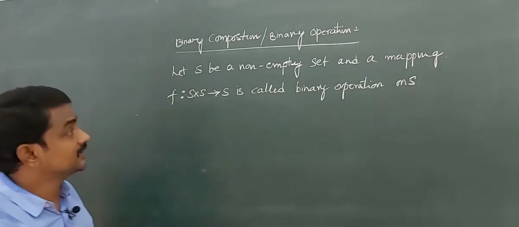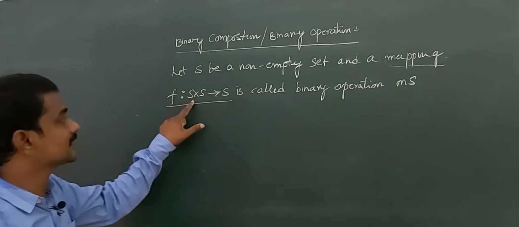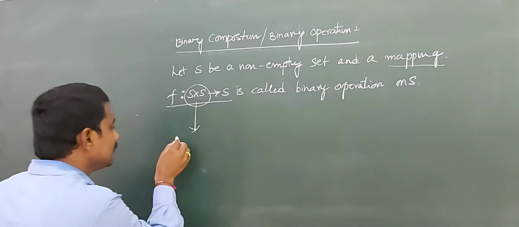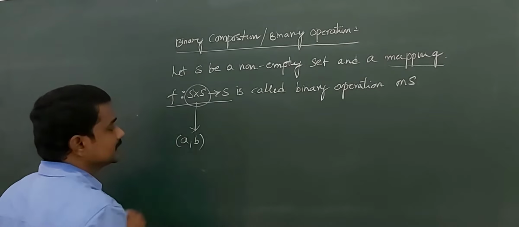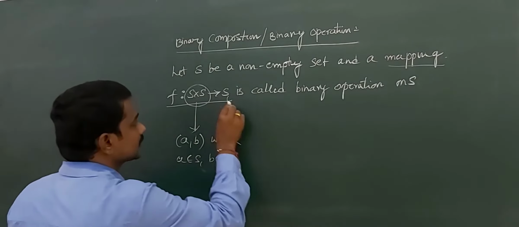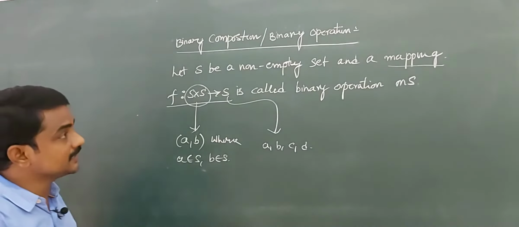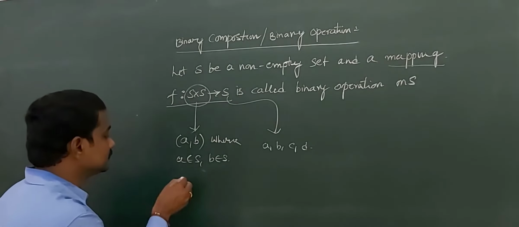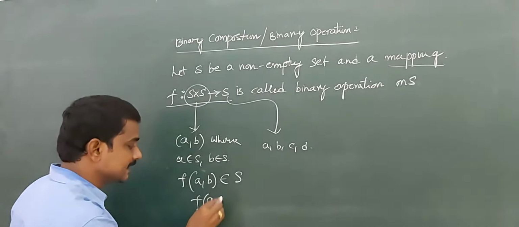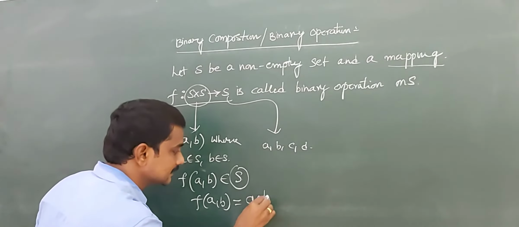By the definition of binary composition, a mapping is defined from S cross S to S. Here we observe that S cross S contains all ordered pairs (a, b), where a belongs to S and b belongs to S. Now we define a mapping f from S cross S to S. F of the ordered pair (a, b) is an element in S, that implies a circle b.